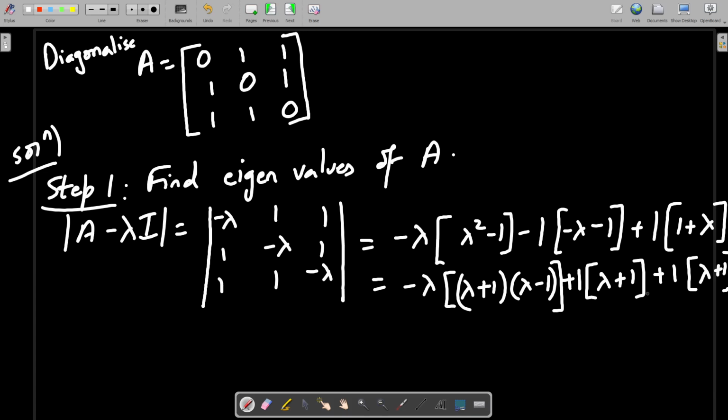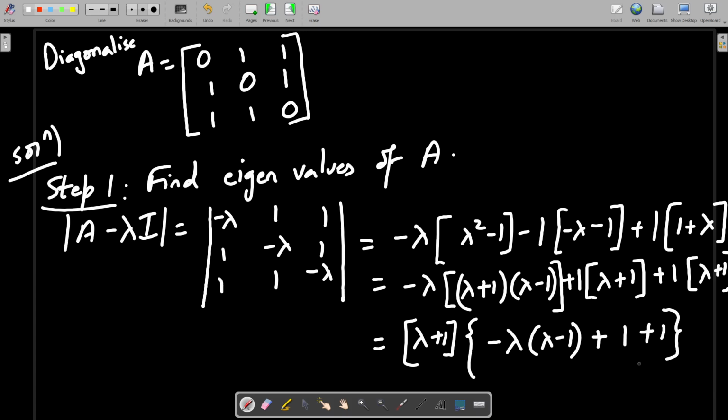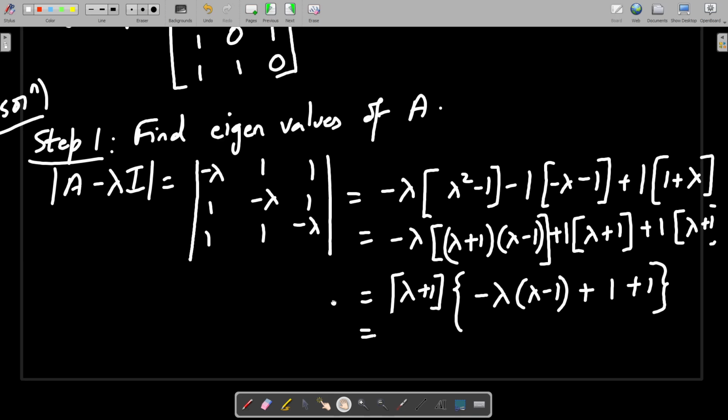So what do you see here? From all the three terms, lambda plus 1 is coming out common. So lambda plus 1 comes out common from here. What remains inside is minus lambda minus 1 plus 1 plus 1. That's all.